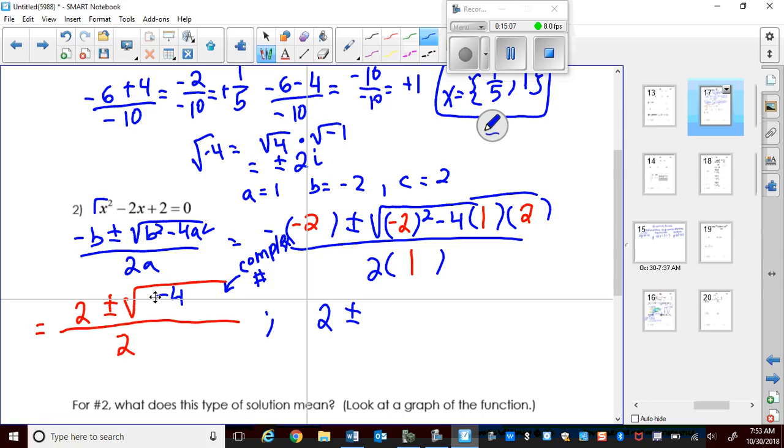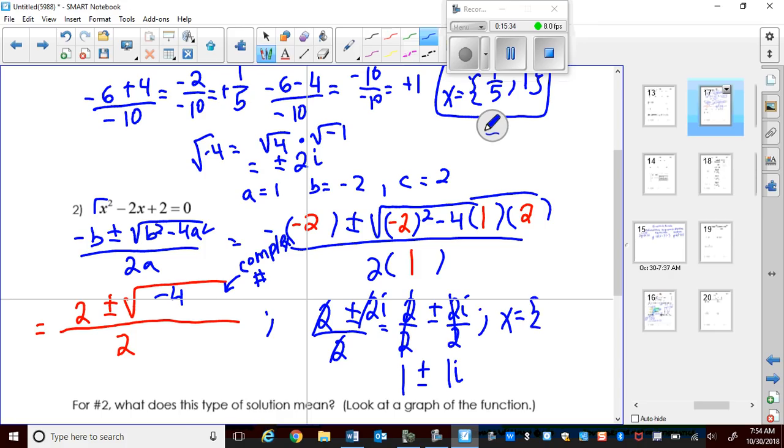So I have plus or minus 2i over 2. Simplifying, you could divide out these 2's first. So you have 2 over 2 plus or minus 2i over 2. The 2's cancel in the first. You get 1 plus or minus 1i. You could keep it in that form, but preferably you'll write x equals curly bracket 1 plus 1i, and x equals 1 minus 1i.